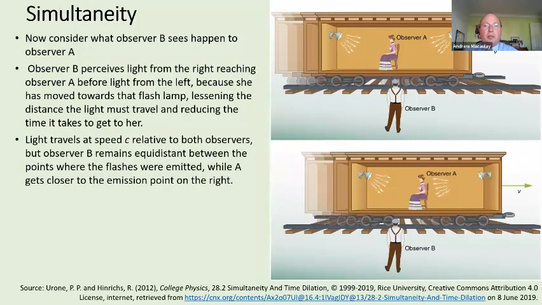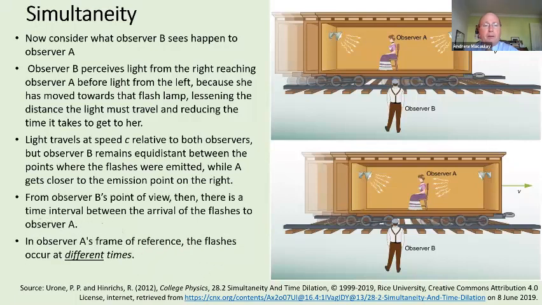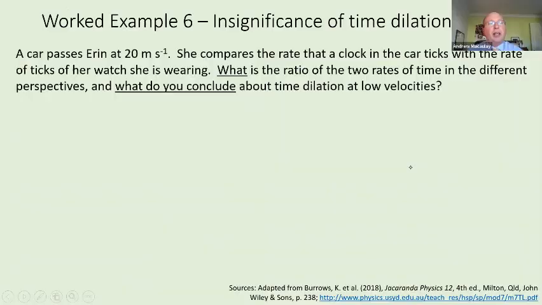So light travels at speed c relative to both observers, but observer B remains equidistant between the points where the flashes were emitted, while A gets closer to the emission point on the right. From observer B's point of view then, there's a time interval between the arrival of the flashes to observer A. In observer A's frame of reference, the flashes occur at different times. And we come back to that.